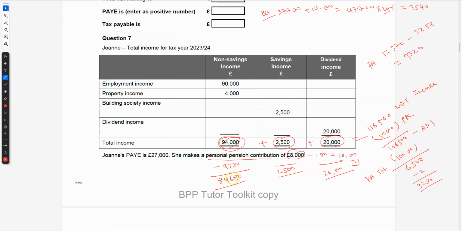Then I do the rest of the amount. So we had 84. From 84, if you minus 47,700, we still have some income left from the non-saving, and that is 36,980. And in this amount we're going to pay 40%.